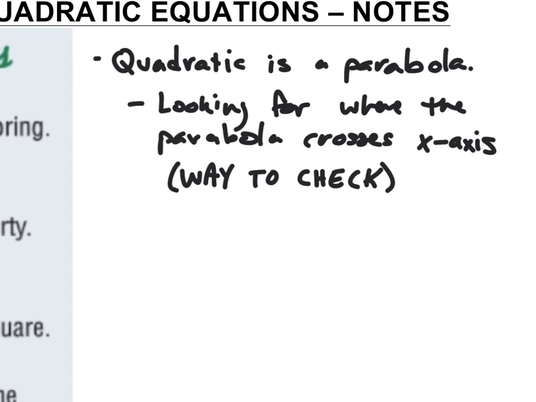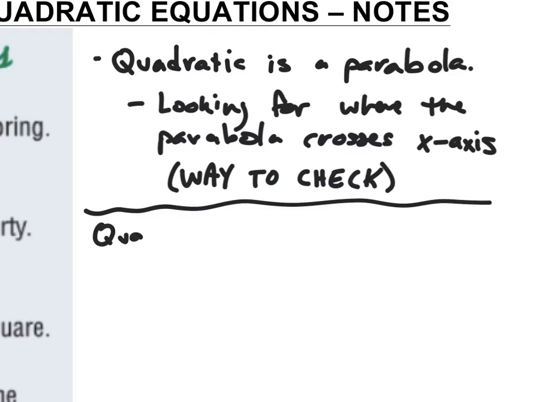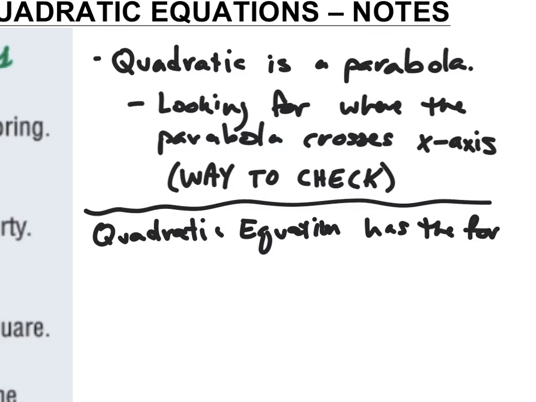So a quadratic equation has the form of ax squared plus bx plus c, okay? And when we're solving this, we set this equal to 0.